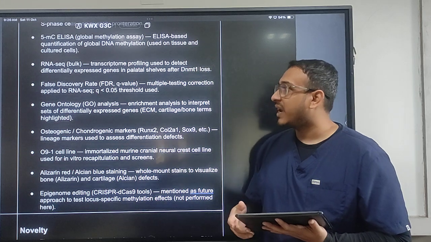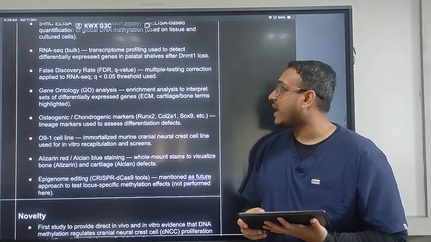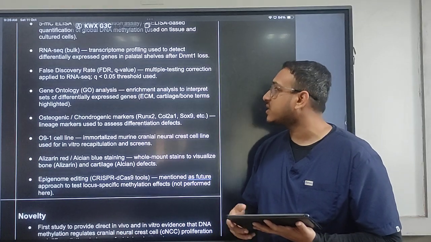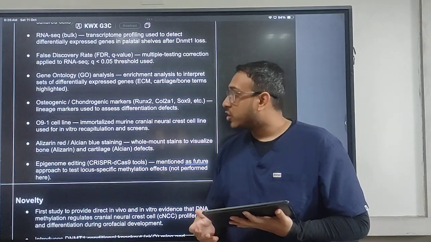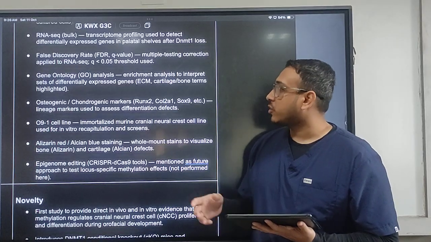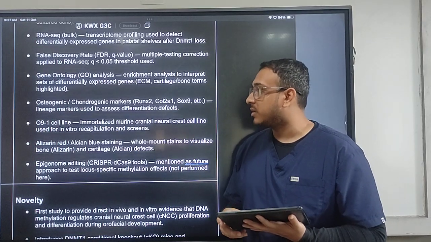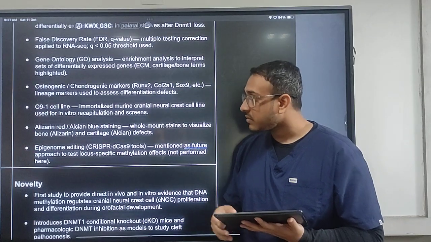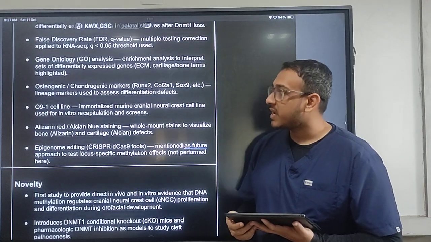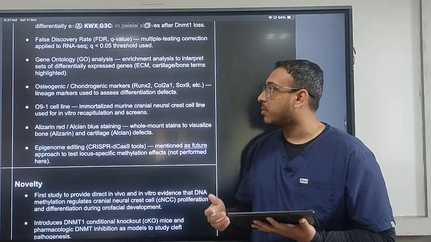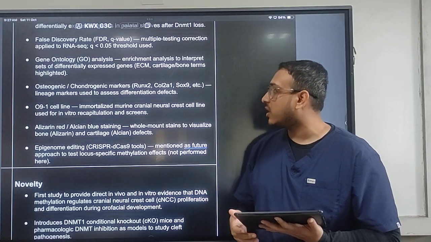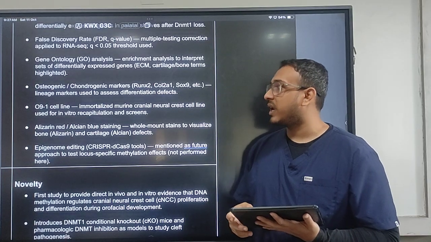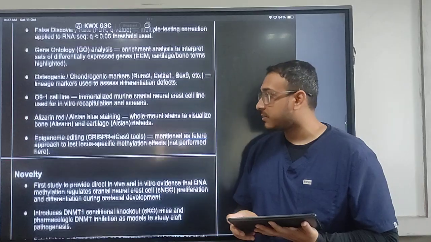Gene ontology analysis is an enrichment analysis to interpret the sets of differentially expressed genes. The osteogenic or chondrogenic markers were used to assess the differentiation defects. The O9-1 cell line is an immortalized cranial neural crest cell line used for in vitro recapitulation and screens.